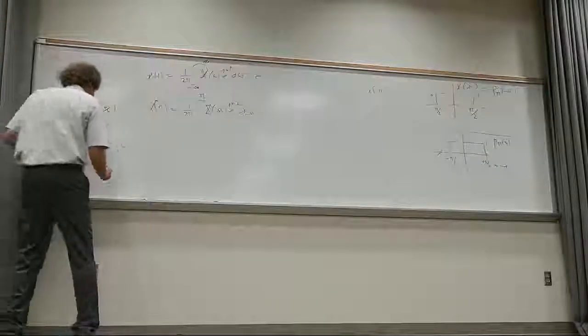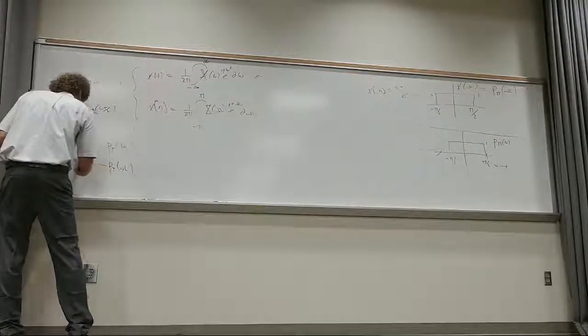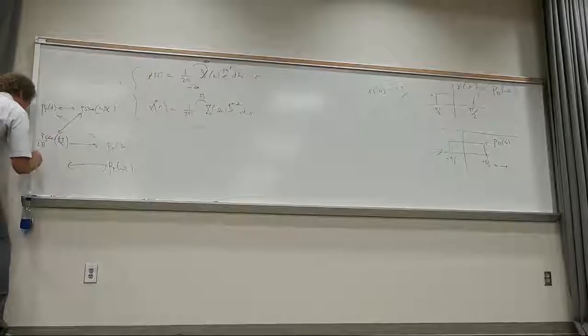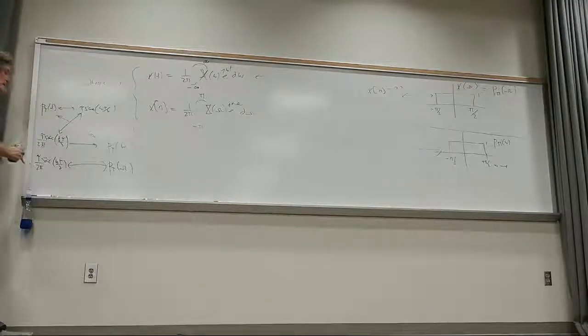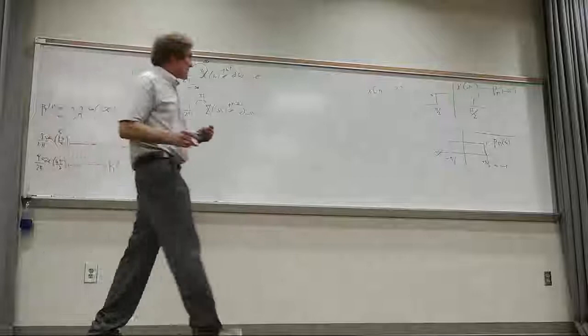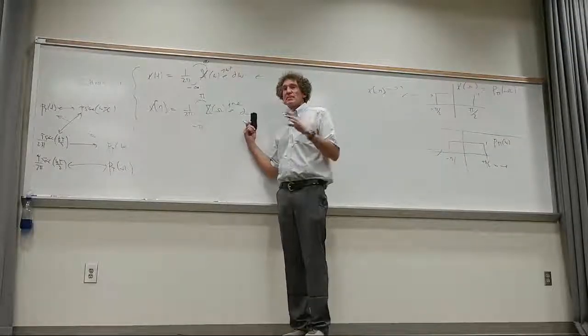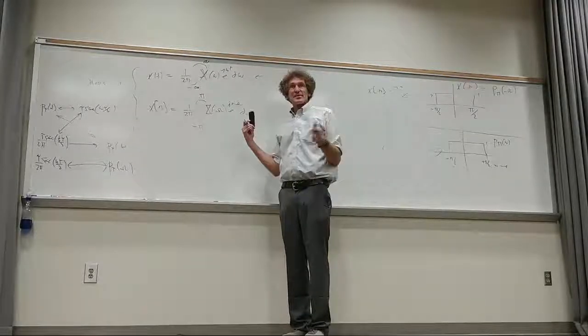And I can replace small omega by capital omega. And then over here, you can replace t by n. N tau over 2. And here's what I'm really trying to say. If you're looking for the inverse transform of something, suppose I give you X of omega and you're looking for the inverse transform, think about this.